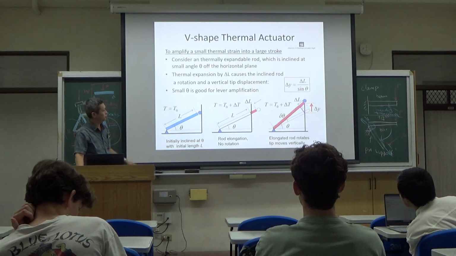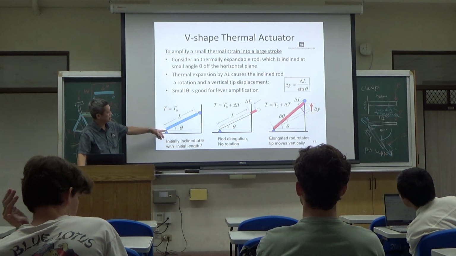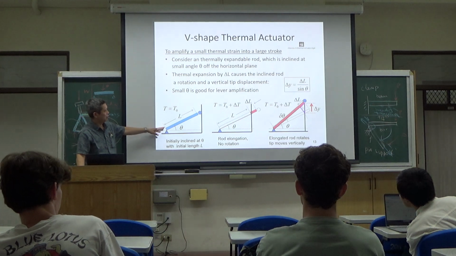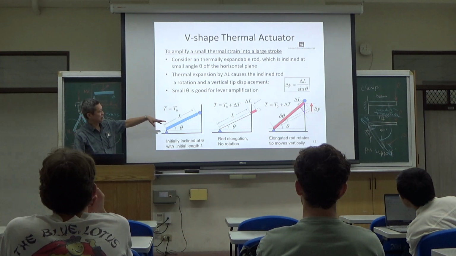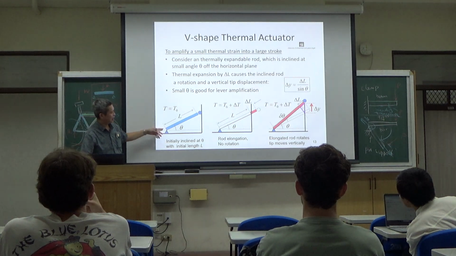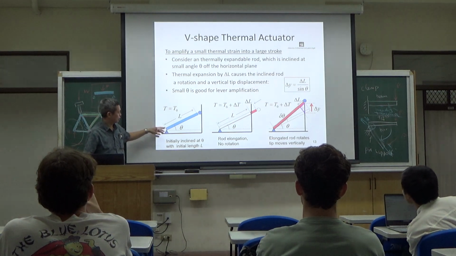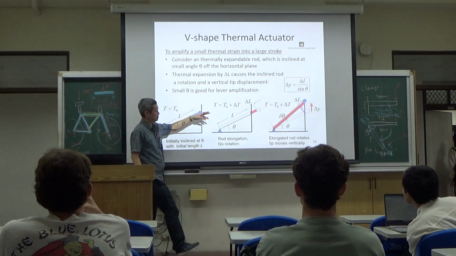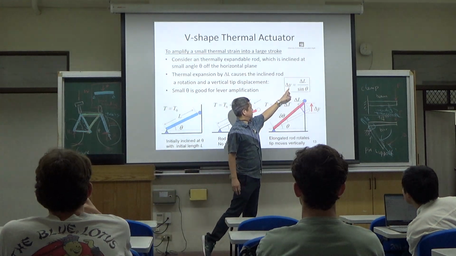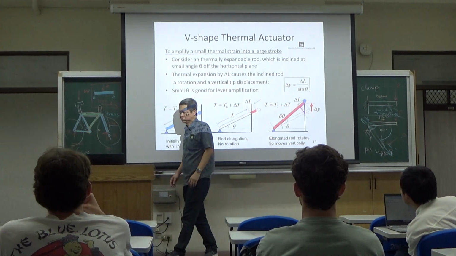The next example I'm going to show you. In this case, if you have the rod expanding, it is possible to have elongation and then it results in rotation. This happens in the case of a pin support and some movable pin, where you could relate the elongations due to thermal expansions to this vertical displacement.